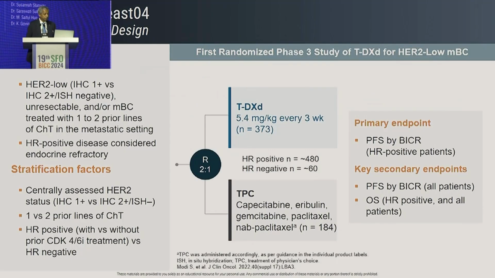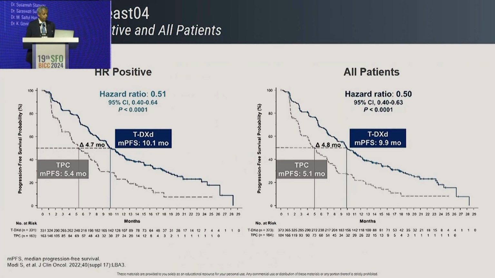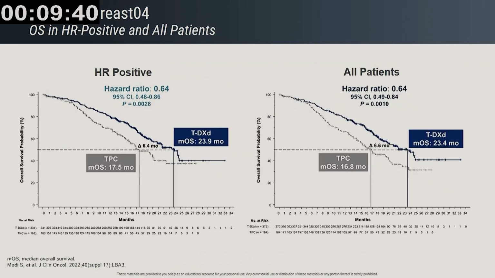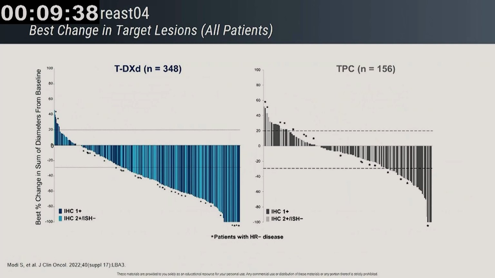So this was the other study called the Destiny 4, which was looking at comparing this molecule TDXD versus treatment of physician choice, and this was again a phase 3 trial, and this is to show you that whether they were hormone receptor positive or not, there was an advantage for all these patients. So this is a waterfall plot for you, again giving you a clear visualization of individual patient responses here.